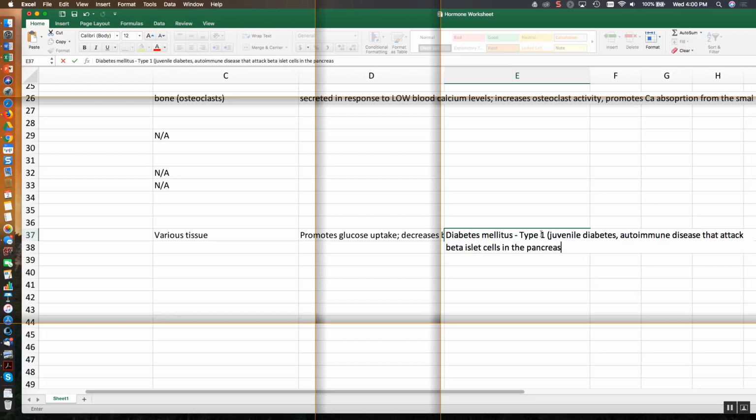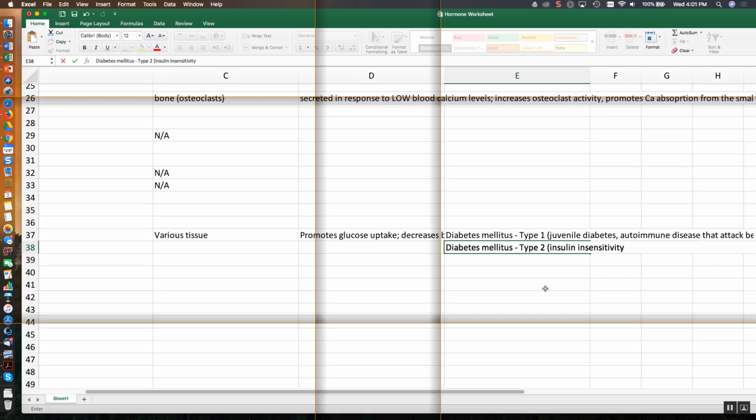All right, diabetes mellitus type 2. I would call this insulin insensitivity. Do you know what actually happens, you guys, when you are a couch potato?